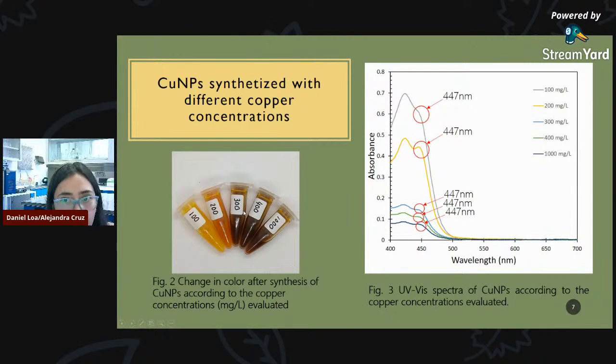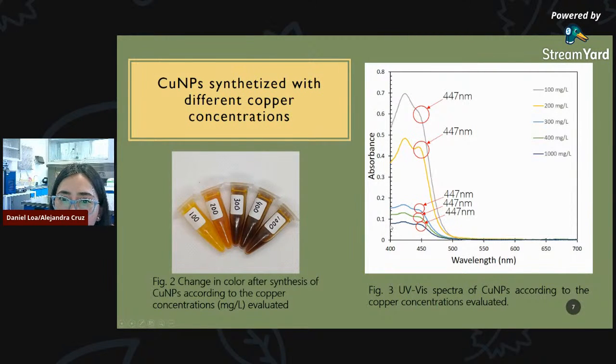But later, we performed the UV-Vis analysis in order to confirm if we had this surface plasmon resonance. We saw that even though we had very light colors, we still were able to see the peak around 447 nanometers, which tells us that the syntheses are being performed here.